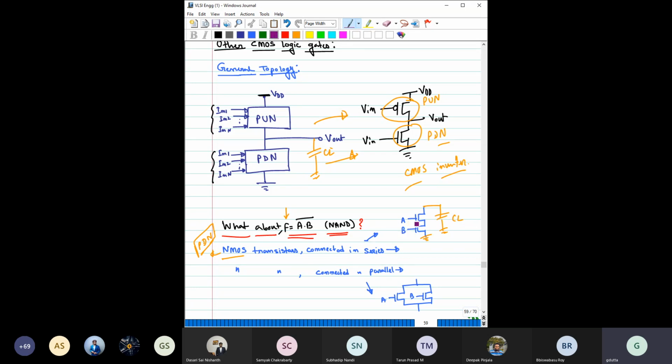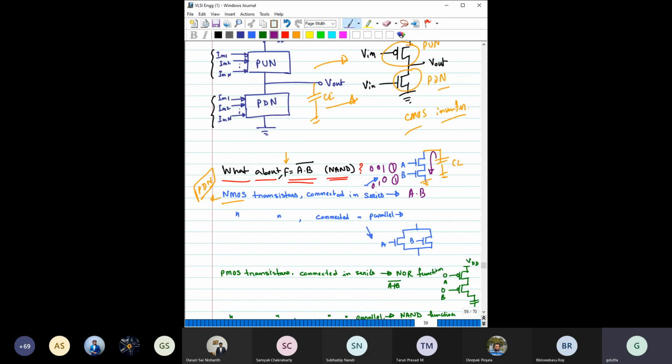Now if both the inputs are on, like 1 1, then only it can discharge. If it is 1 0, then it cannot discharge. If it is 0 1 or 0 0, it cannot. So you can clearly see that if you connect two NMOS in series, that is going to give you an AND function.